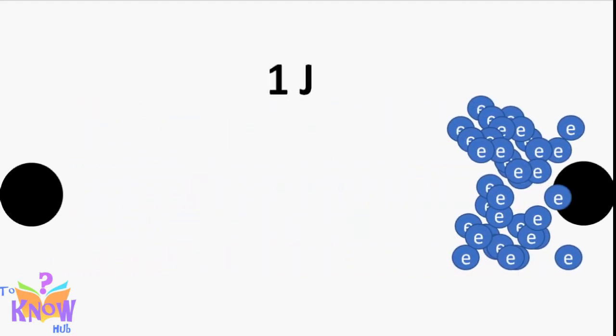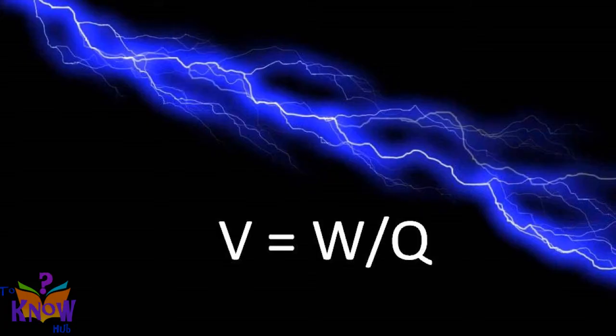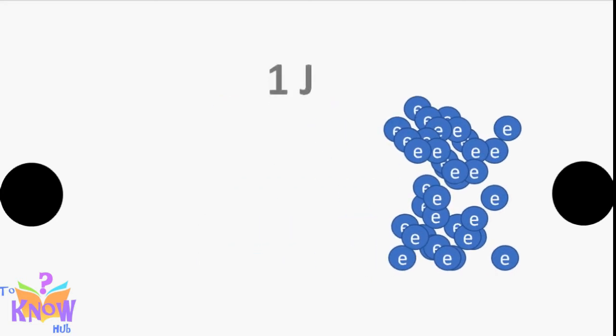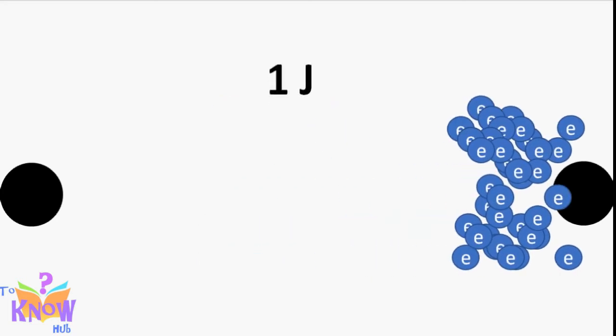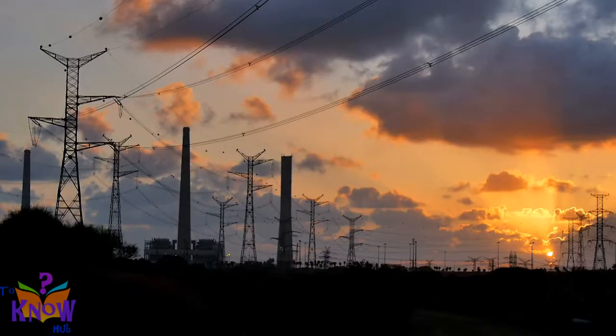Means the potential difference V between 2 points is equal to the work done to carry some charge from one point to another divided by how much charge has been carried. 1 volt of potential difference between 2 points in a circuit means 1 joule of work has to be done to move 1 coulomb charge from one point to another.